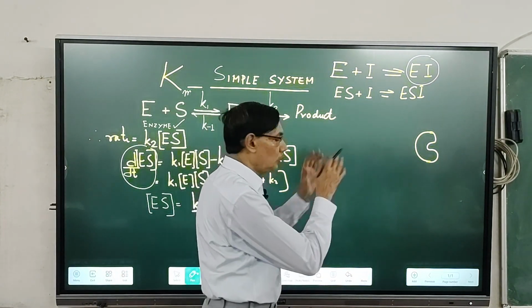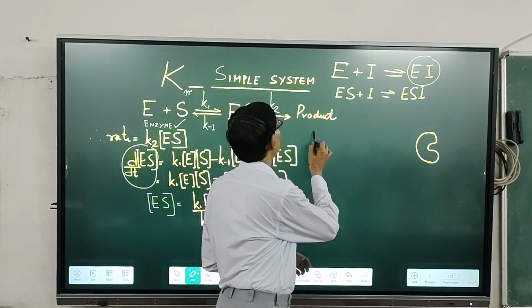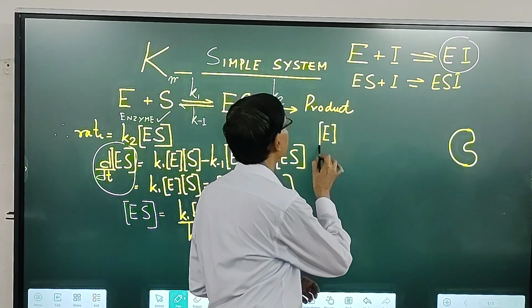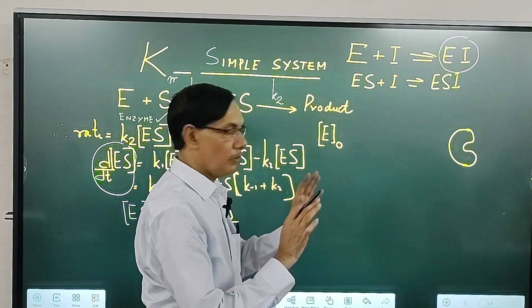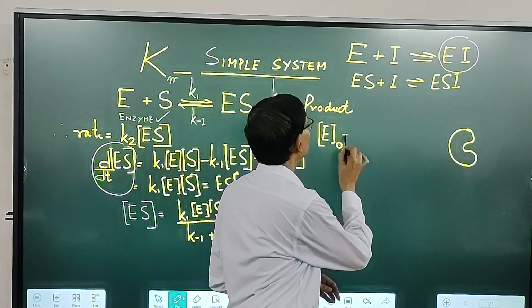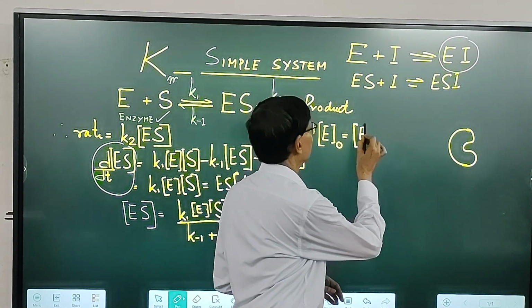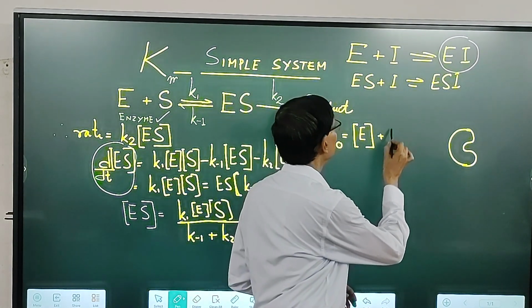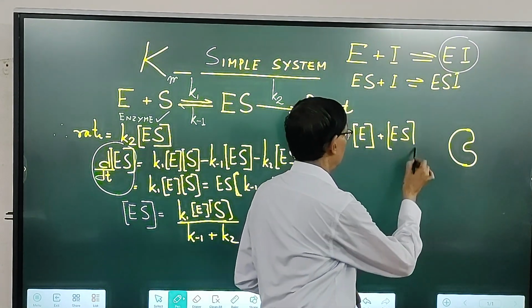Just like the normal first order kinetics, suppose we think about the initial concentration, the starting point. Some enzyme reactions are very fast, some enzyme reactions are slow, but we assume that there is a possibility of this.